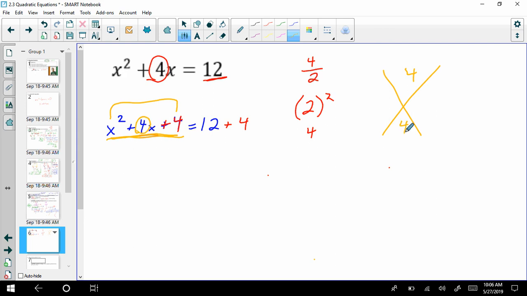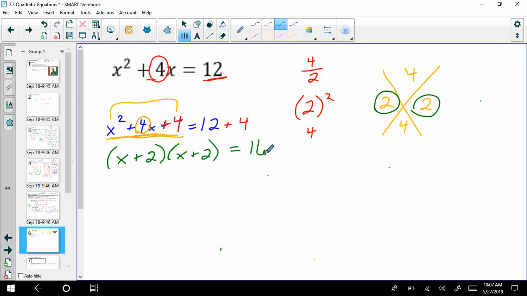What two numbers do that? 2 and 2. And remember I said if you've completed the square correctly, when it factors, you should get the exact same number. So it's going to be x plus 2 and x plus 2. On the right side, I now have 16. Since they factored into the exact same set, I can write it once using a squared.